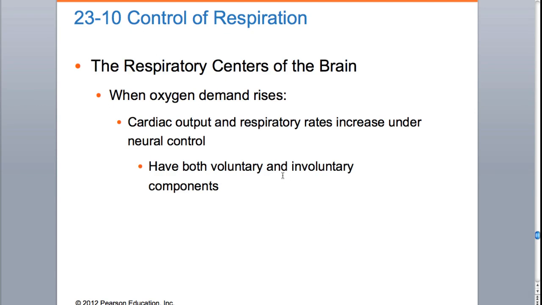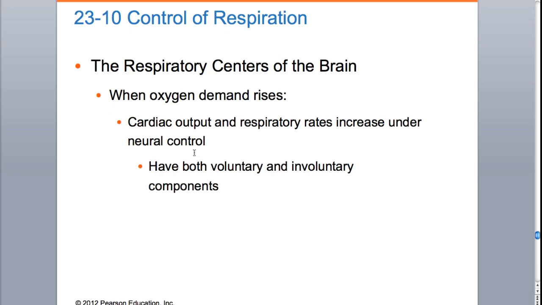All right, now, what do I need to do when I have an oxygen demand? Well, I have several things I can do. Cardiac output. Hey, Nemish, that sounds familiar. Respiratory rate. That sounds familiar. Matter of fact, earlier you even talked about these two related to each other. Cardiac output and respiratory rate will increase under neural control.